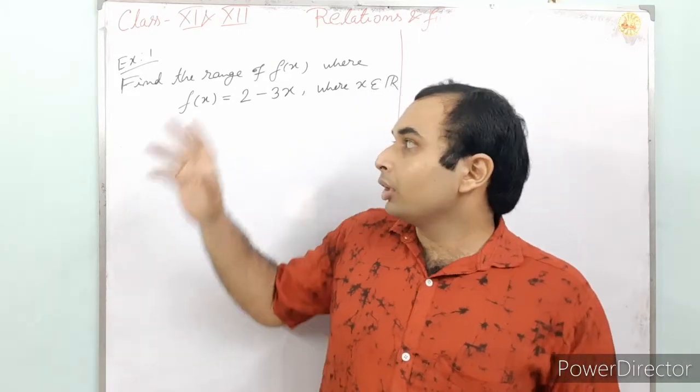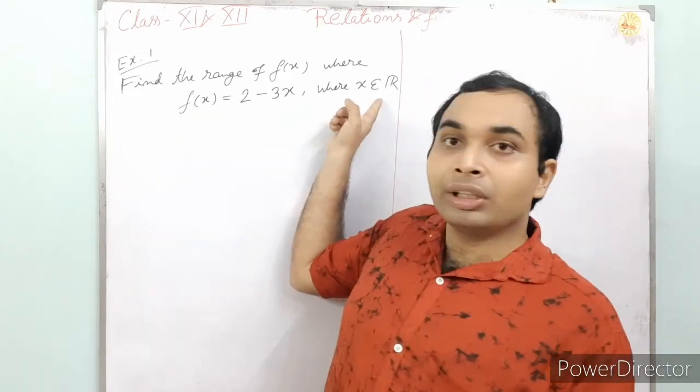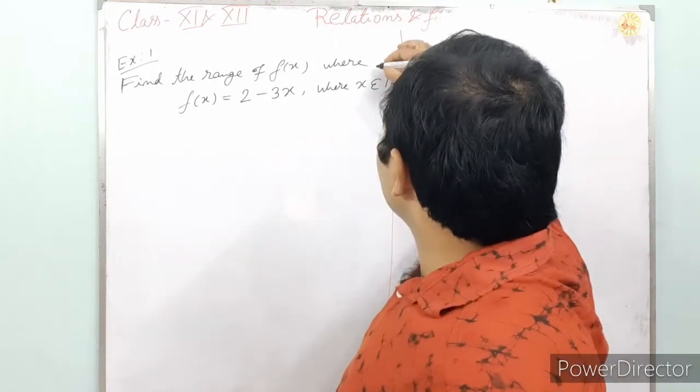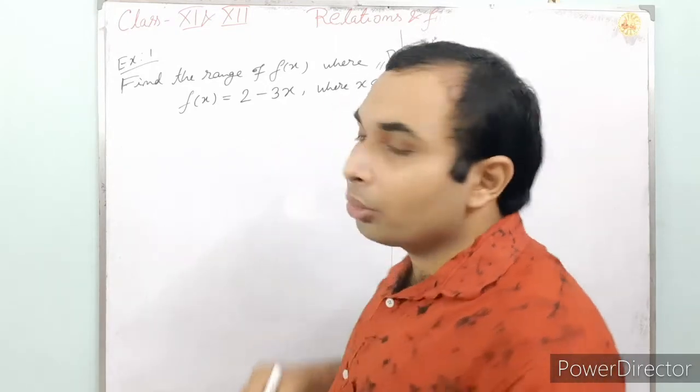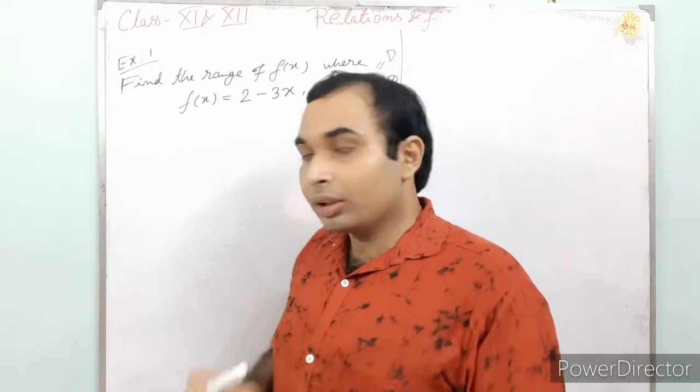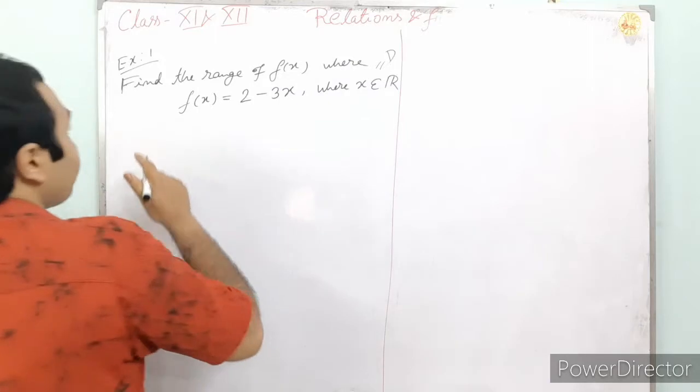Here inputs are coming from the real number set, so this is the domain. We have to find the set of outputs.